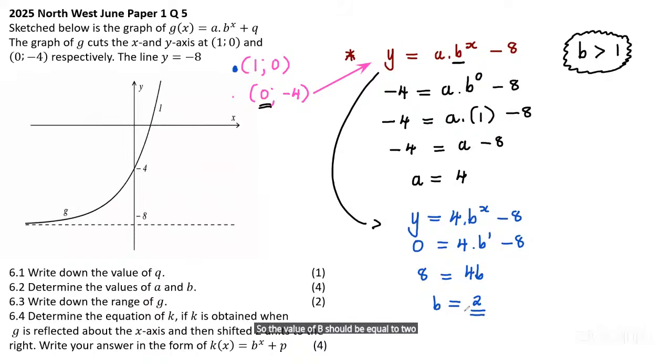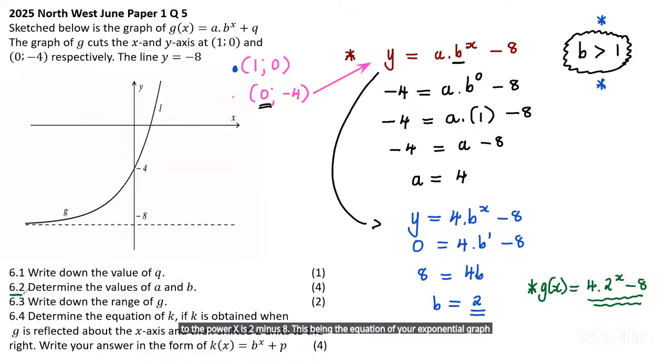As we predicted earlier, if it's exponentially increasing, then the value of B should be greater than 1. So your final equation of g of x is 4 multiplied by 2 to the power x, minus 8, this being the equation of your exponential graph.